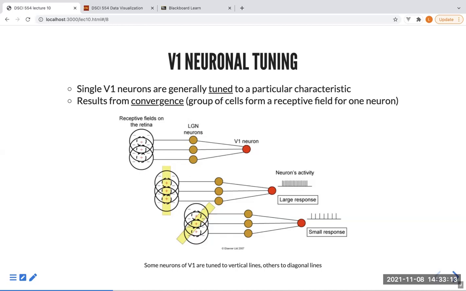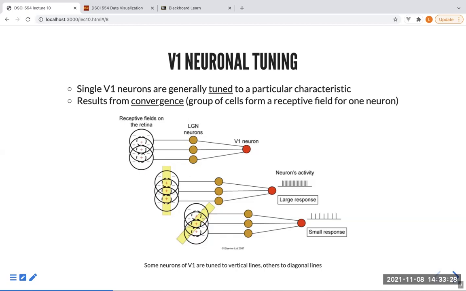I think we saw some example of that in the past. Basically, an area that is taking visual information, and this is integrated at the level of the V1 neuron, right?